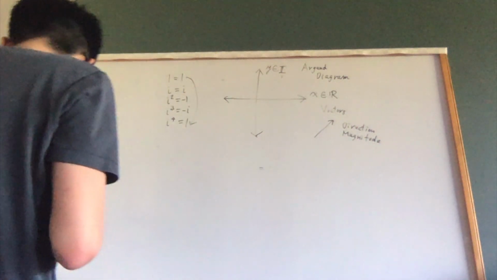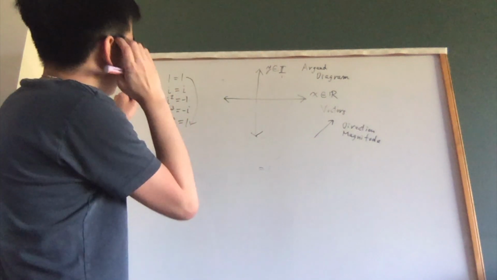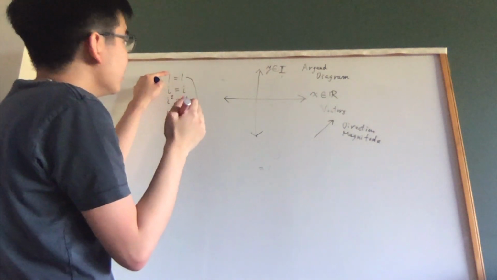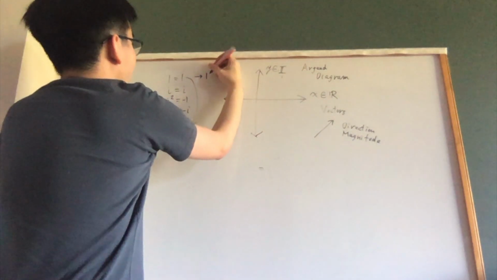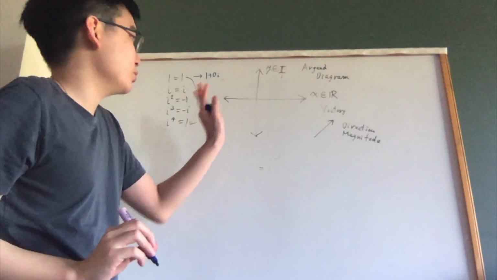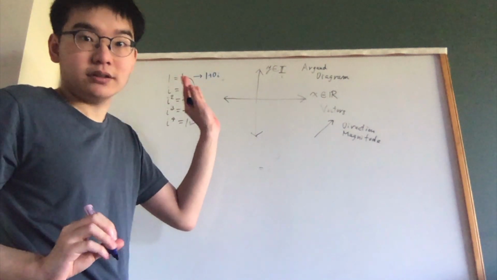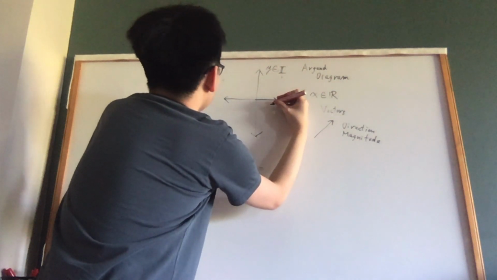Because if this is 1, then this corresponds exactly to the complex number 1 plus 0i. There is no imaginary component. So we can write this out as the vector from the origin to (1, 0).